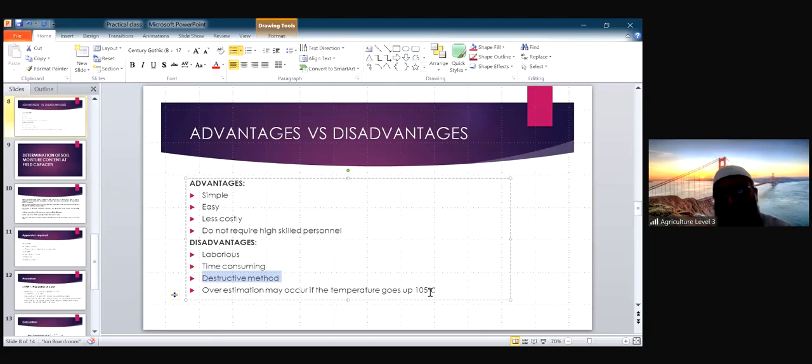If the organic matter is burned, what will happen? The organic matter present in the soil will be burned, and it will be turned into ashes, emitting carbon dioxide out from the system. So if it is burned, then you will be losing the weight of not only moisture, you will be losing the weight of organic matter also.